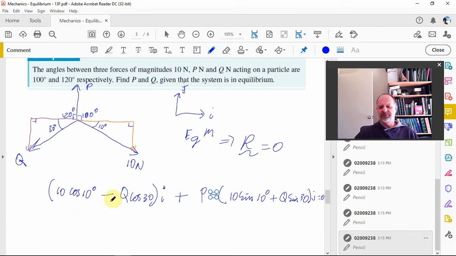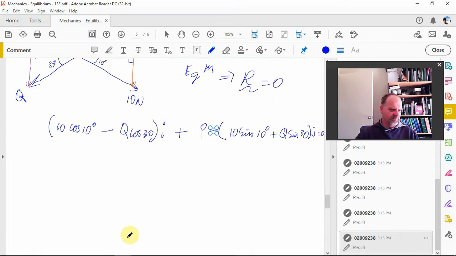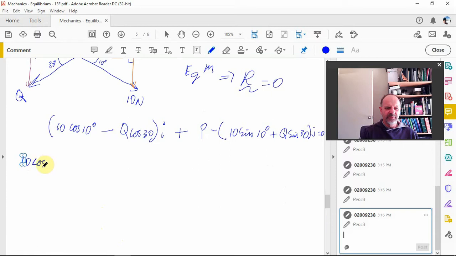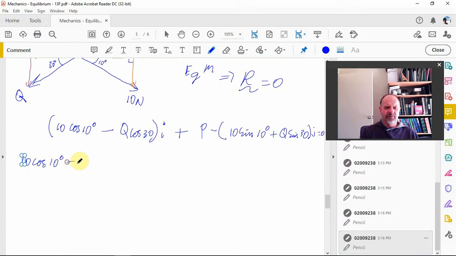Alright, so now what I can do is look at each of those components. What I know is that 10 cos 10 minus Q cos 30 has got to equal 0. So let's do a bit of rearranging. If I take the Q over there, I've got 10 cos 10 equaling Q cos 30.